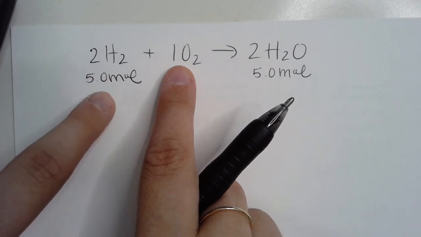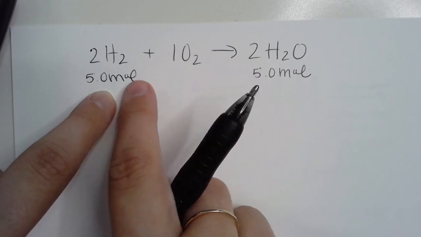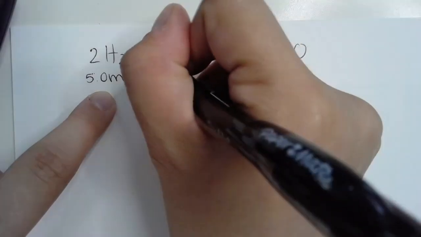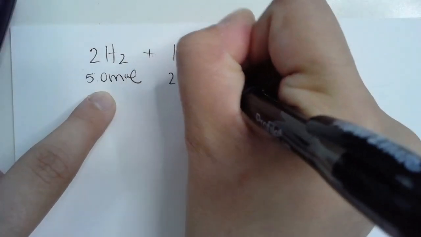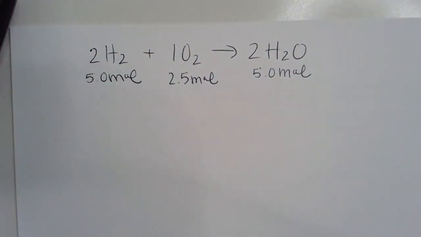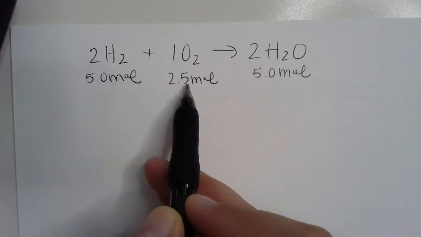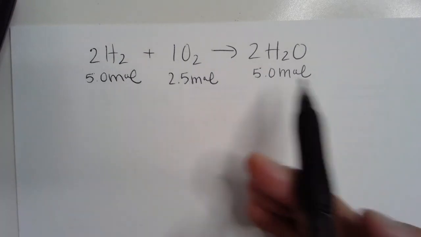So therefore, if I'm given 5 moles of hydrogen, what's half of 5? Should be 2.5 moles. Now you can do this with stoichiometry and actually setting up your problem, but for an example that's as easy as this, you don't even need to do that. You can just look at your mole ratios and do the work accordingly like this.